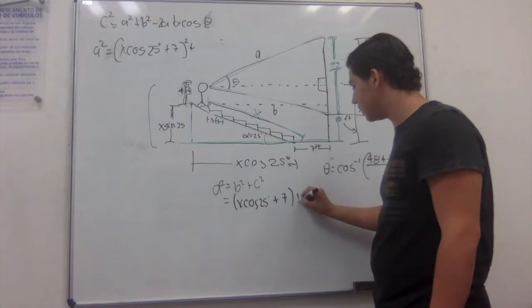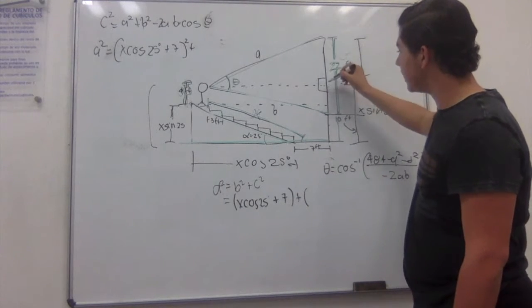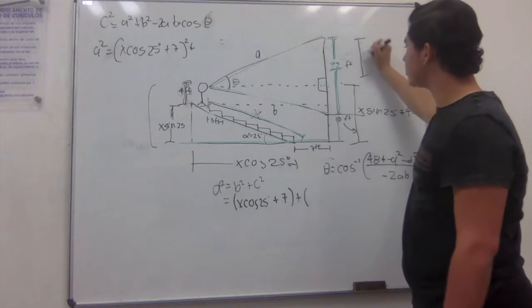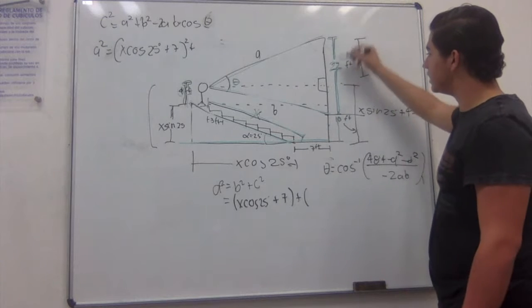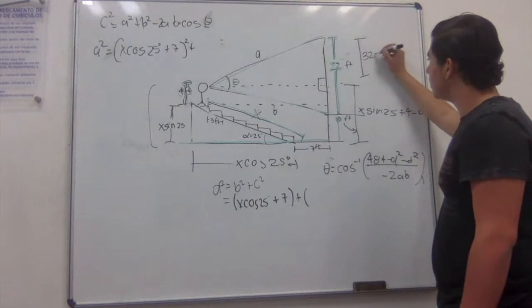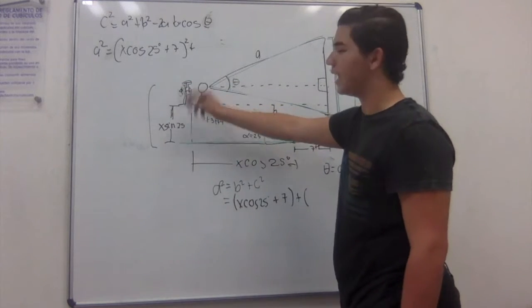And now plus c squared, this is c in this case. This part we don't know the measurement, but we're given that all the height is 32. So we need to subtract this part of the height.